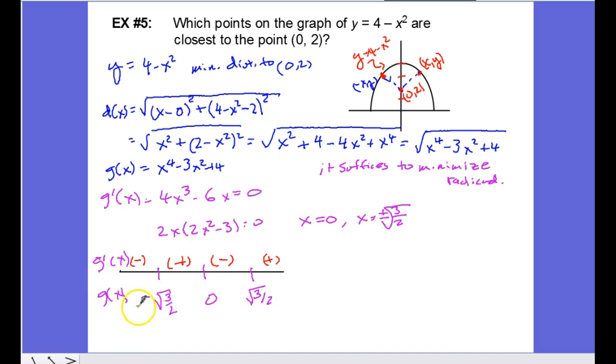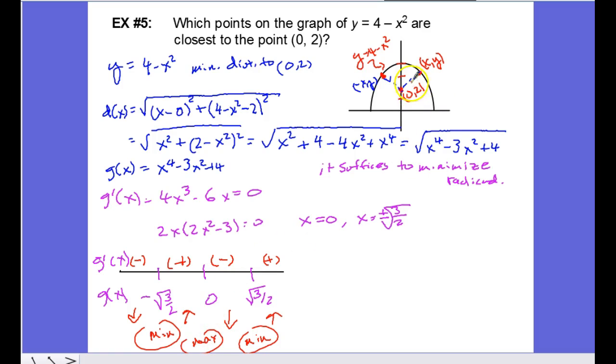As far as g is concerned, that means the function is decreasing, increasing, decreasing, increasing. Here I'm going from decreasing to increasing, and that means that negative square root of 3/2 is a minimum. Again, here I'm going from decreasing to increasing, so square root of 3/2 is a minimum. At 0, I'm going from increasing to decreasing, so that's a maximum.